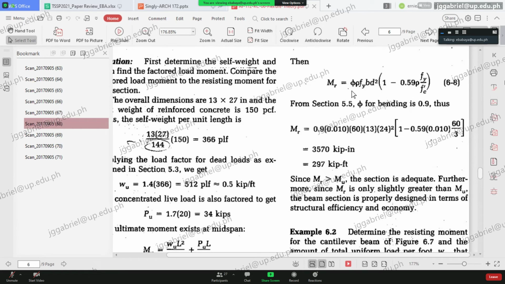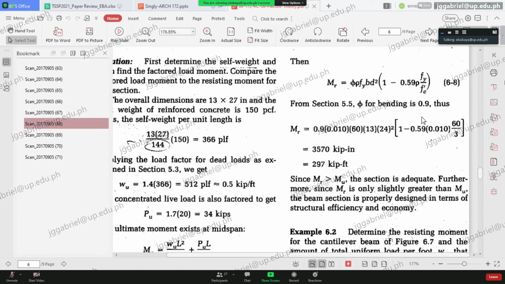So 0.9 our phi, rho is 0.01, your Fy is 60, and then your B is 13, D is 24 squared. Substituting the values here, 0.59, the rho is 0.01, then 60 divided by 3, and you get 297 kip foot.